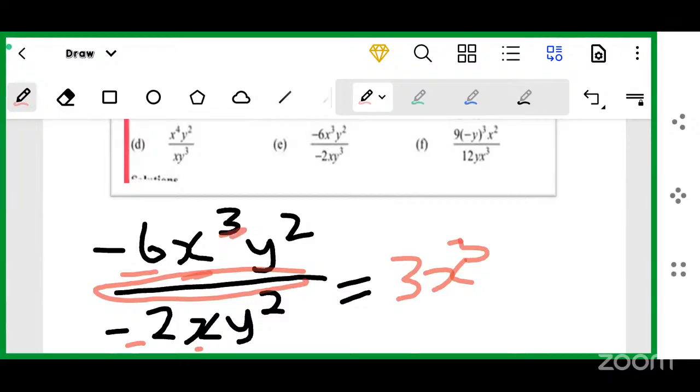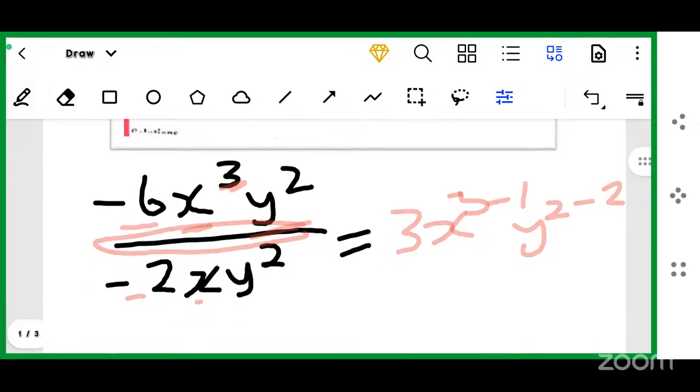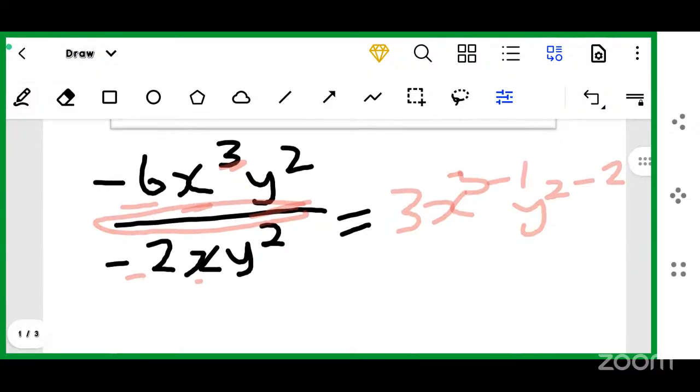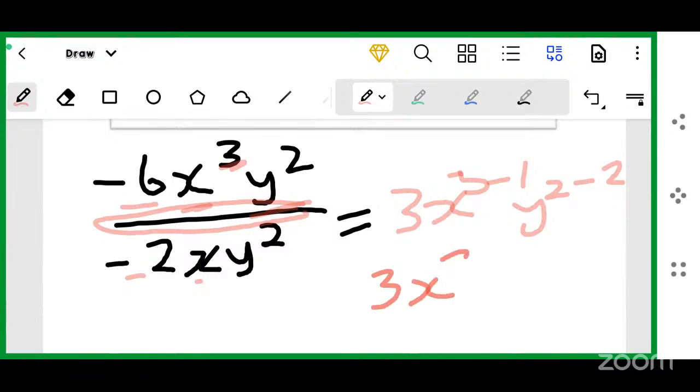So we're going to say 3x to the power of 3 minus 1. And then we have a y to the power of 2. We write our y to the power of 2 minus our 2. So what is 3 minus 1? 2. Perfect. So you're going to write your 3x to the power of 2.